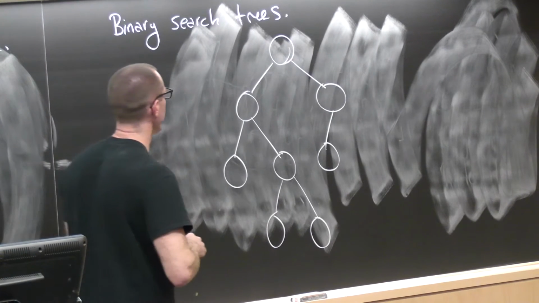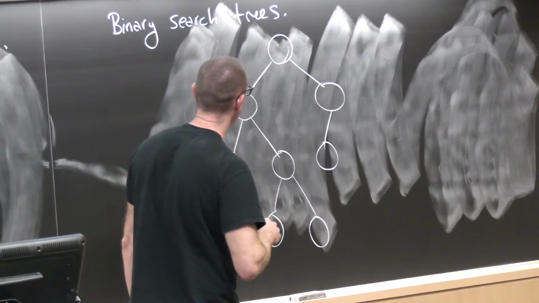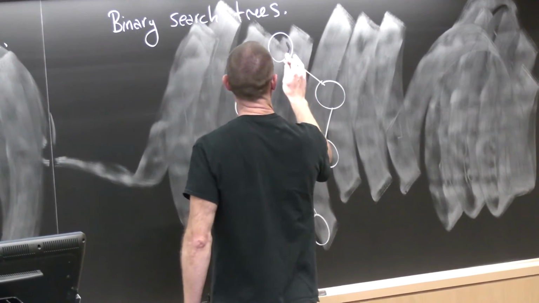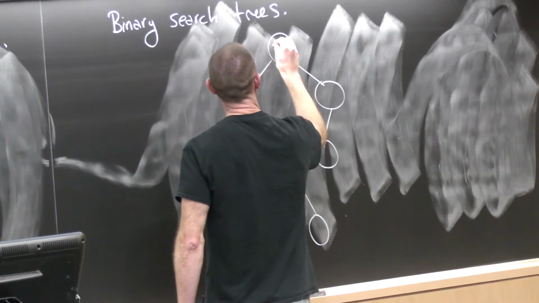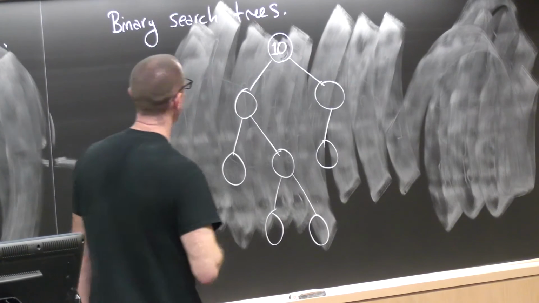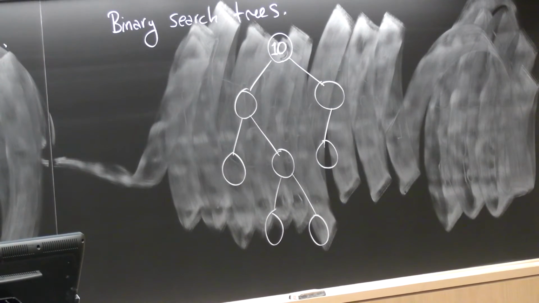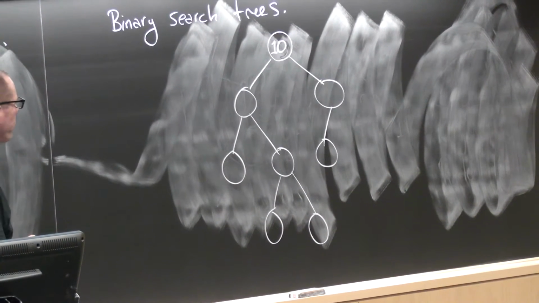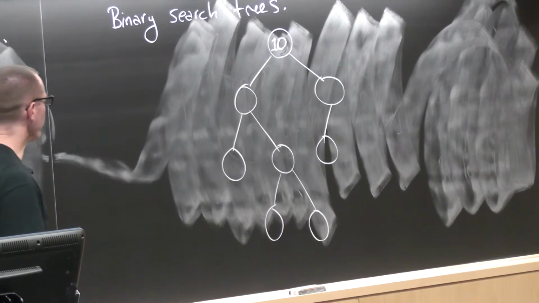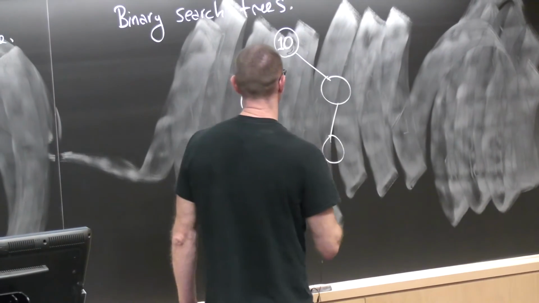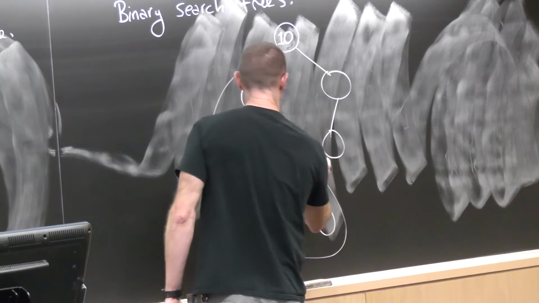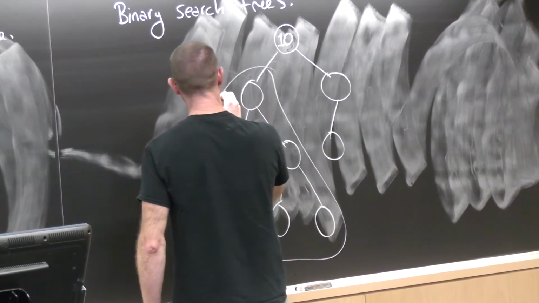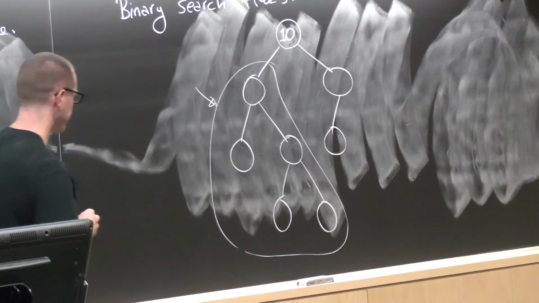So it's a binary search tree, or it's a binary tree. At each node, there's a value. So let's put a value here. We tend to use numbers, but it can be anything that you can sort. So anything from a total order. And we maintain this property that, so at the root, there's some value.